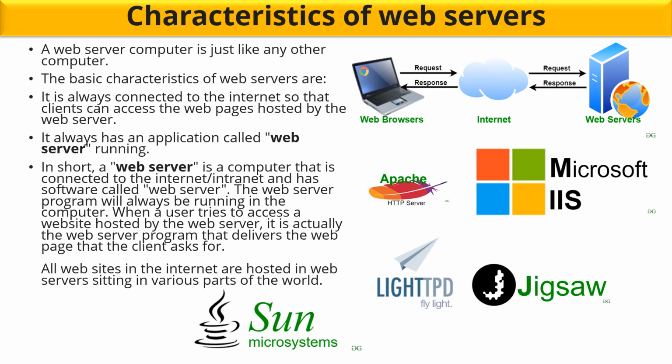So in short, a web server is a computer that is connected to the internet or even an intranet and has software called a web server. The web server program will always be running on the computer.